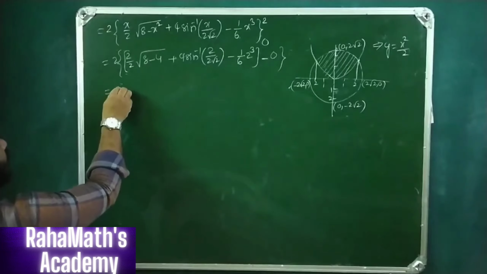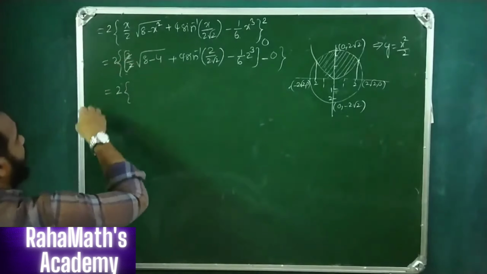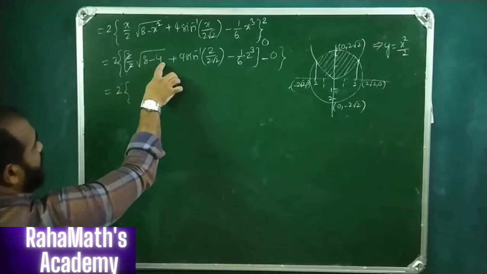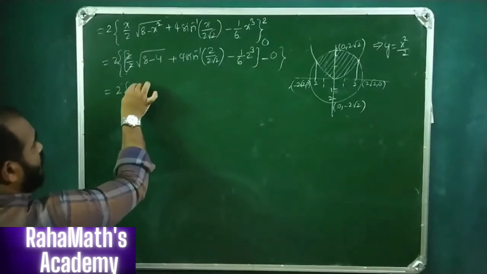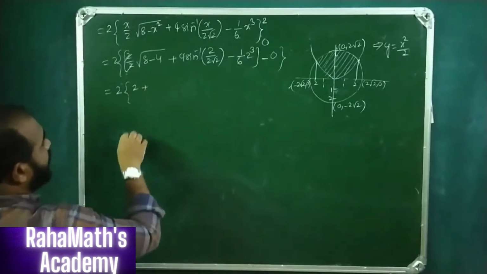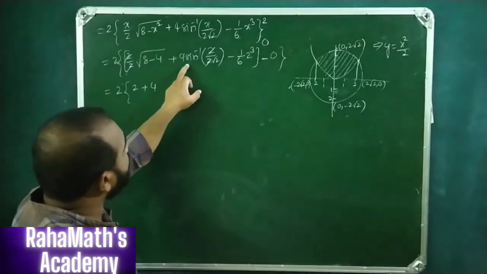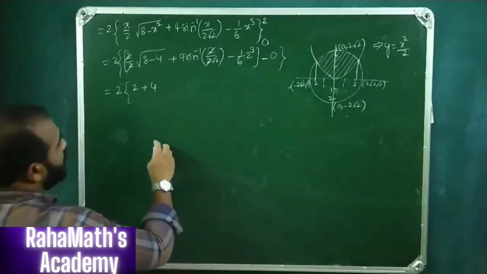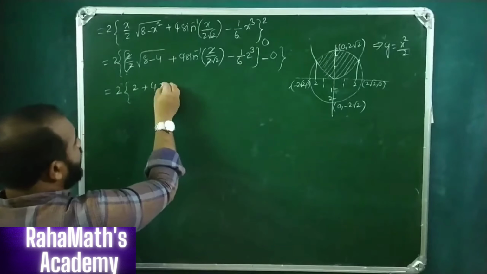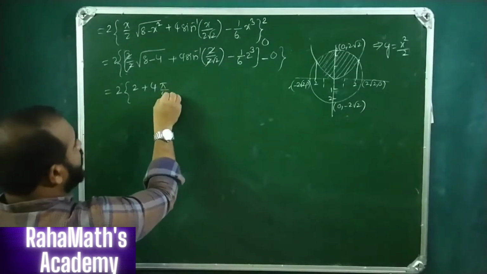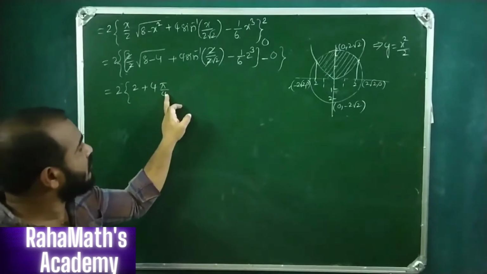This is equal to 2 times: the 2 gets cancelled, root of 8 minus 4 is root 4, and root 4 is 2. Plus 4 sine inverse 1 by root 2. Sine inverse 1 by root 2 is pi by 4, because sine pi by 4 is 1 by root 2.